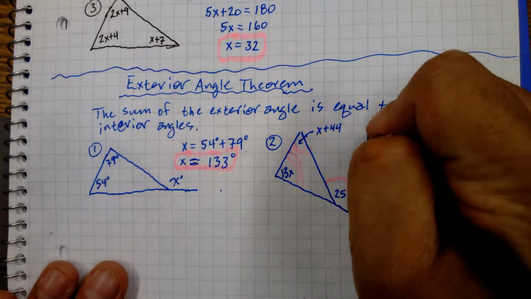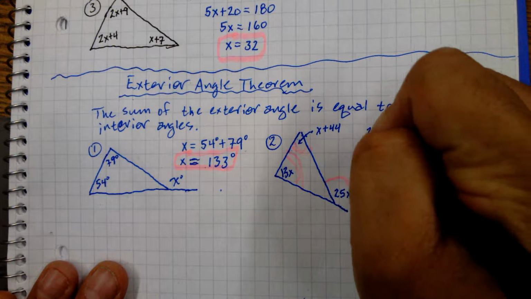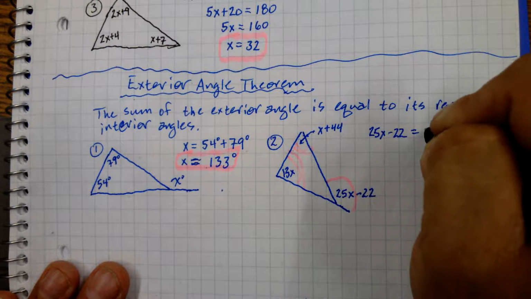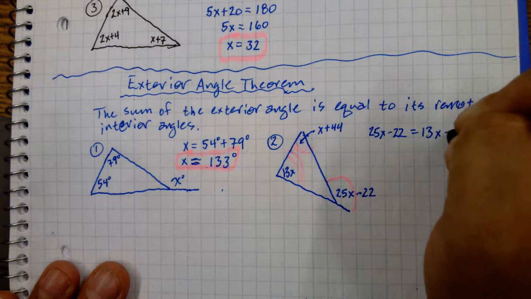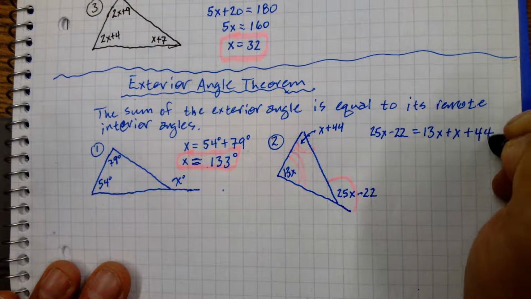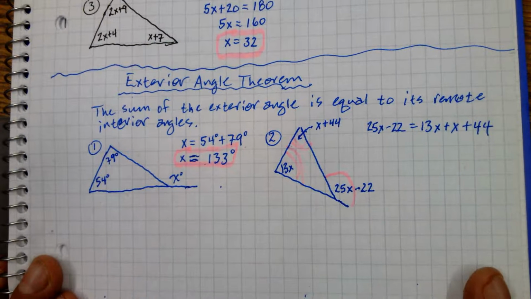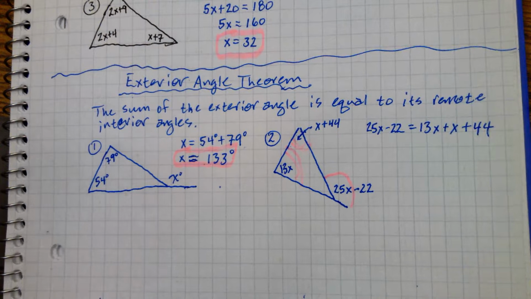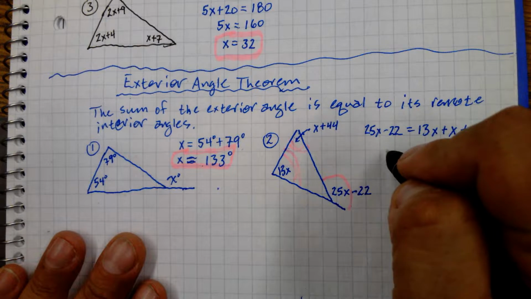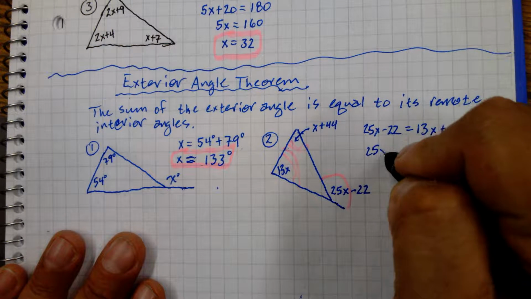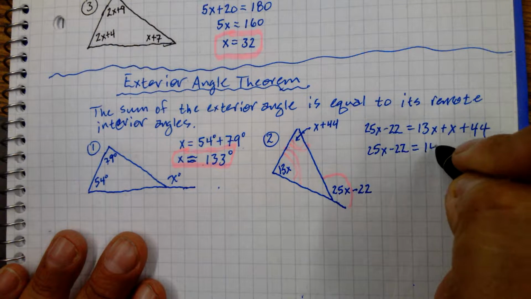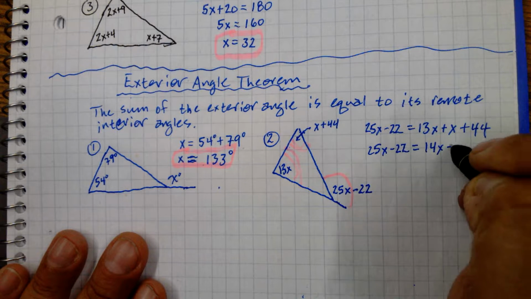The exterior angle, 25x minus 22, equals 13x plus x plus 44. Okay, and we'll just solve it. Well, we know that we have to combine like terms on the left, so let's do that. 25x minus 22, 14x plus 44.